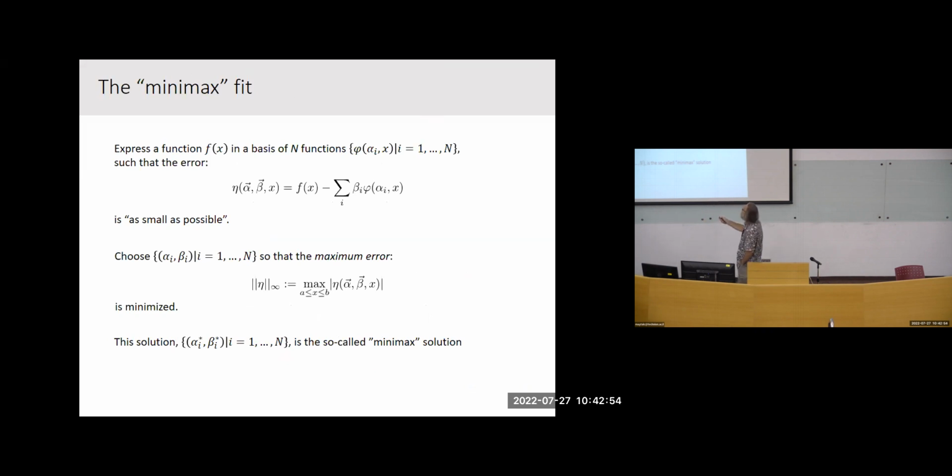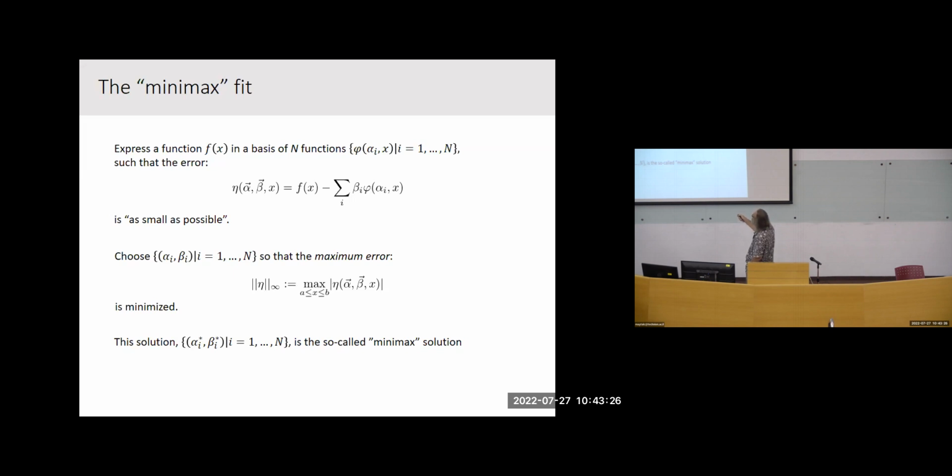So the general problem is that we want to represent a particular function in a basis of N functions that depend on two parameters, alpha and beta, and we want to approximate this particular function by such a quadrature, if you want, where the set is as small as possible.